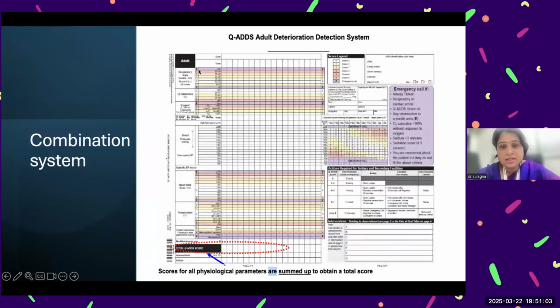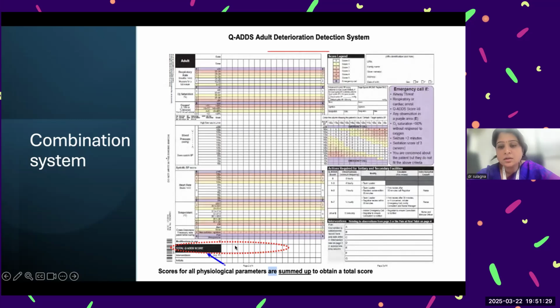So if we see, these are the charts for documenting the scores of the different physiological parameters, and there is also a single parameter scoring system where, if any of these conditions are present, then the practitioner can directly go for intervention without waiting for the total score.